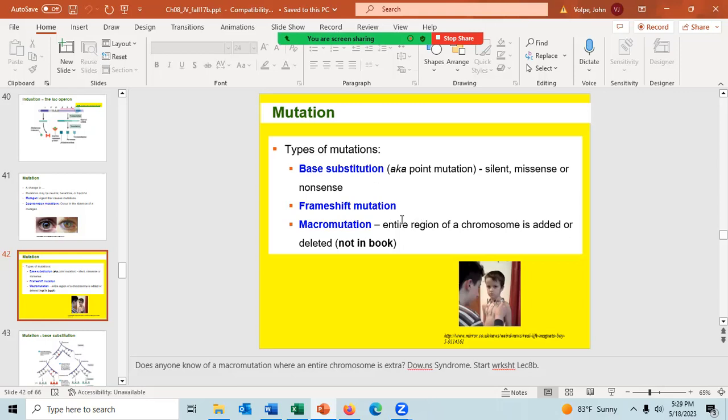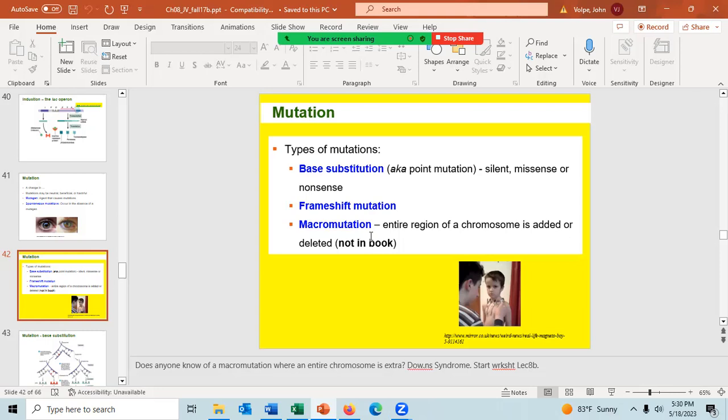A macromutation is a topic that is not covered in your book, and I do not know why they do not discuss it. But a macromutation is different than a base substitution or a frame shift mutation. A macromutation is where an entire region of a chromosome is either added or deleted.